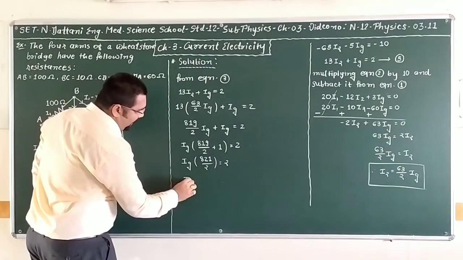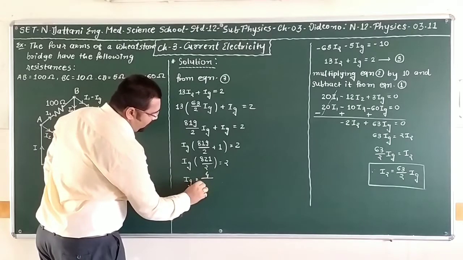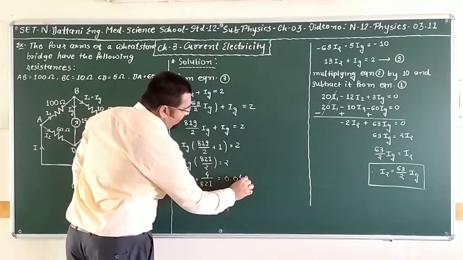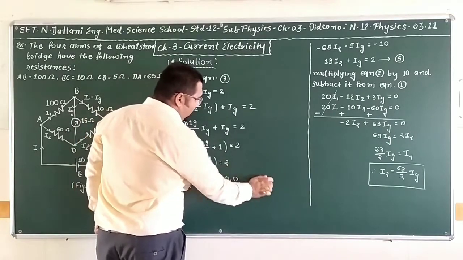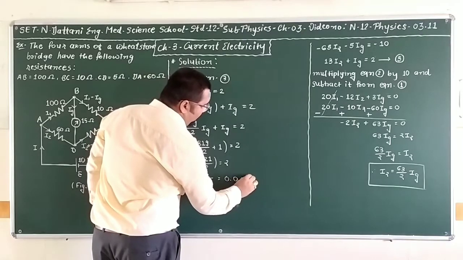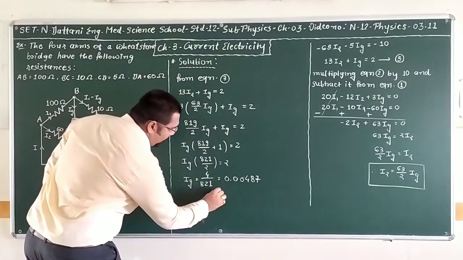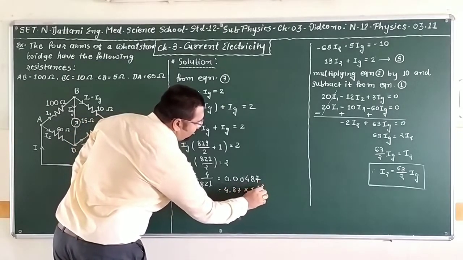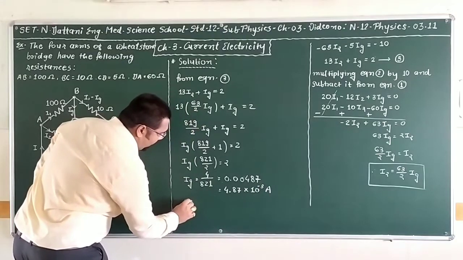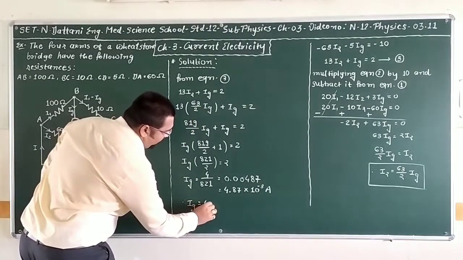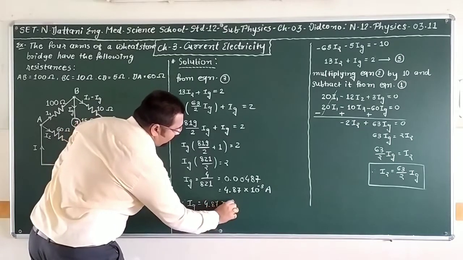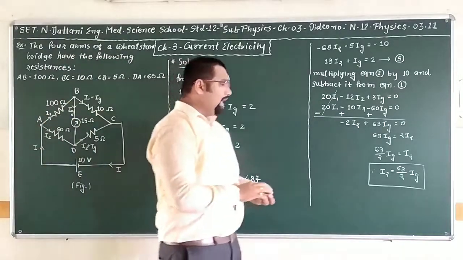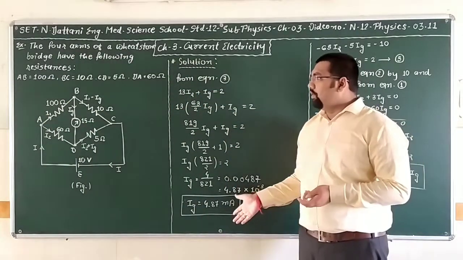So we will write here Ig is equal to 4 upon 821, that is 0.00487, that is 4.87 into 10 raised to minus 3 ampere. So we can write here Ig equal to 4.87 milliampere. So this is the value of Ig which we have got here.